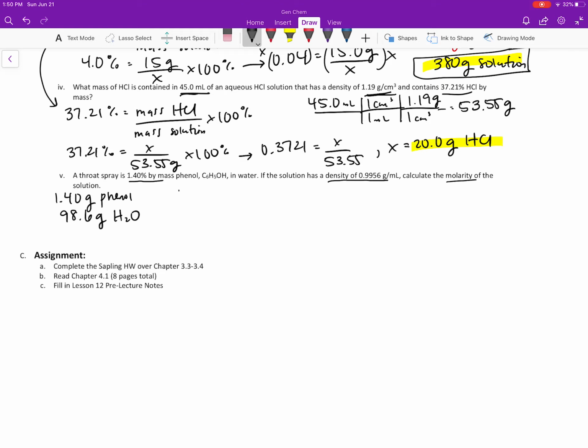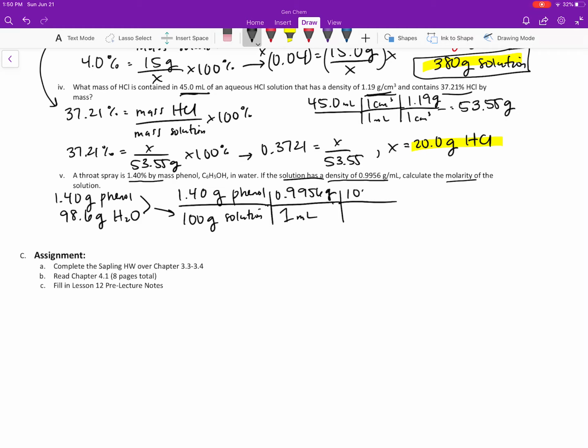So what this means is if I have 1.4 grams of phenol, it's going to be in 100 grams of solution because these two together are going to equal 100%. Then I'm going to use the density because the density is of the solution. For every 1 milliliter, because that's the units I'm given.